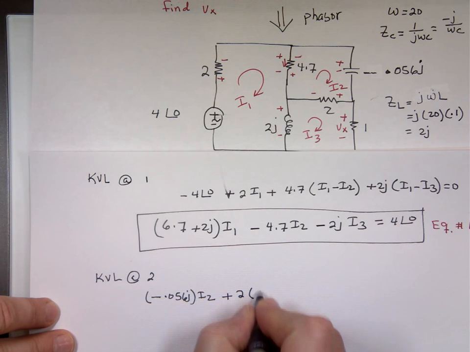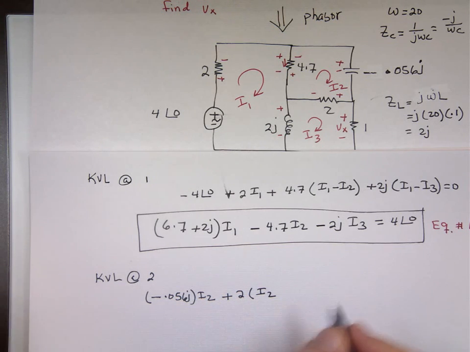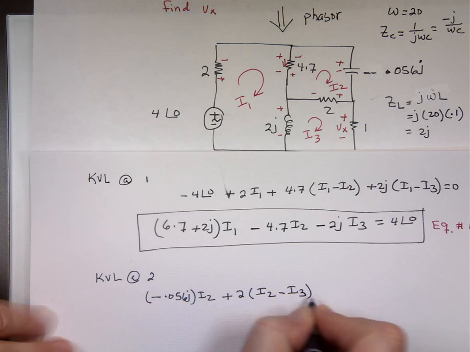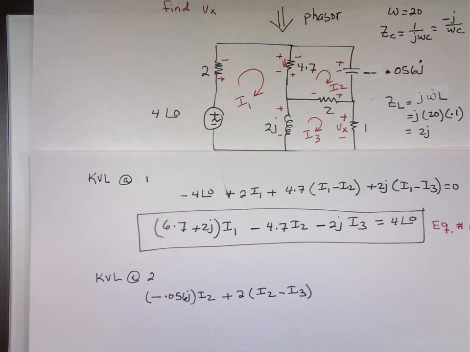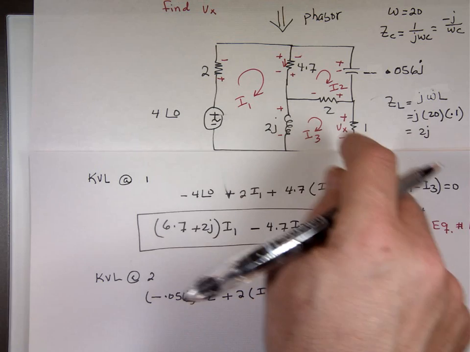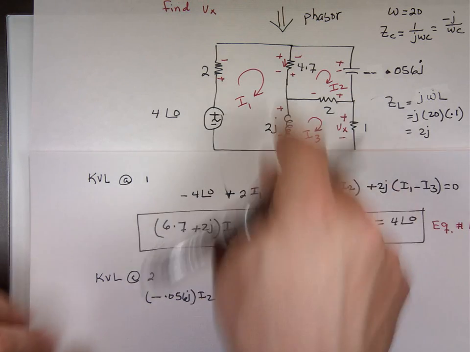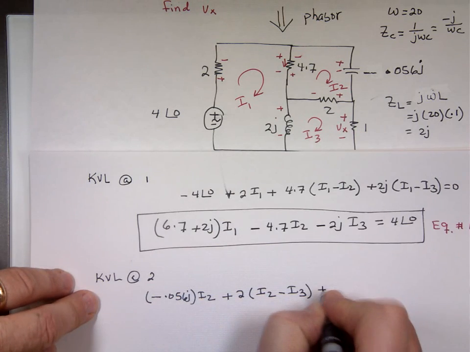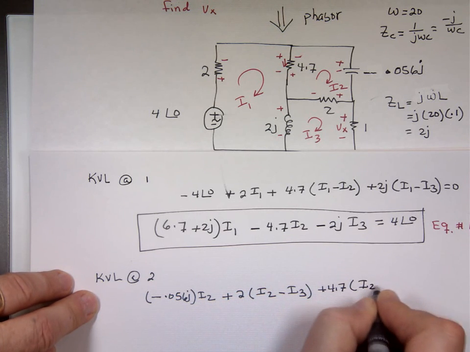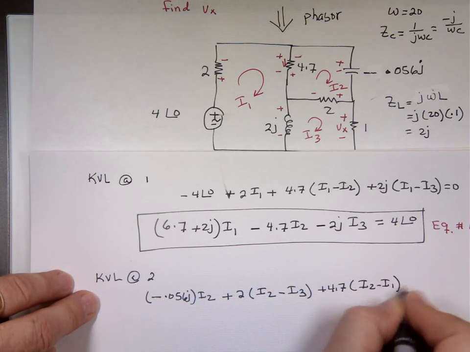I2. Keep going, Joe. I sub 2 what? Minus I sub 3. Keep going. Now we're going to get the 4.7. That's plus 4.7 times I sub 2 minus I sub 1. Very good. Equals 0.